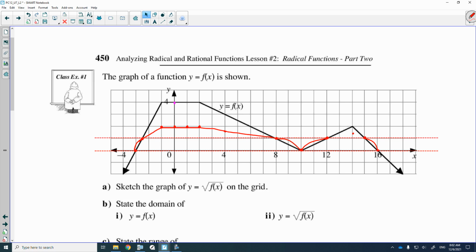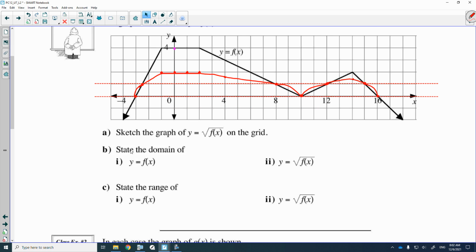So about here. And then you just simply connect. So this should be like a nice smooth curve that's continuing and going here. And there should be more concavity in this piece, right? It should be a nice smooth curve. Then it becomes straight, and then it becomes the concave down curve again.